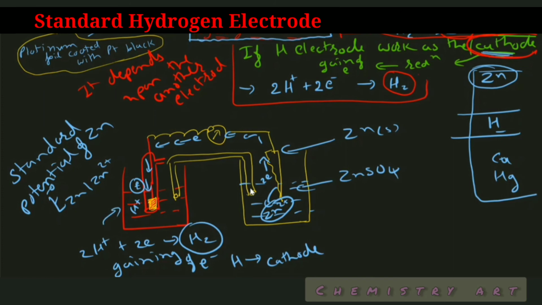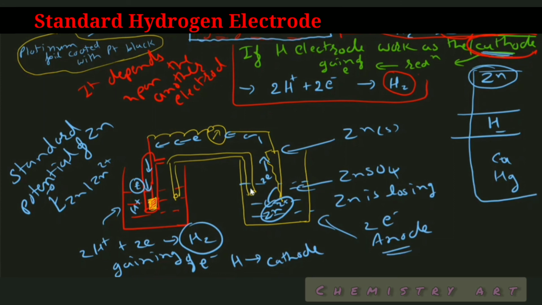If it is gaining electrons, it means reduction, and reduction means it is working as a cathode. So this is the reaction in which zinc is losing electrons and hydrogen is gaining electrons. Zinc is our anode, losing 2 electrons and converting into Zn2+.